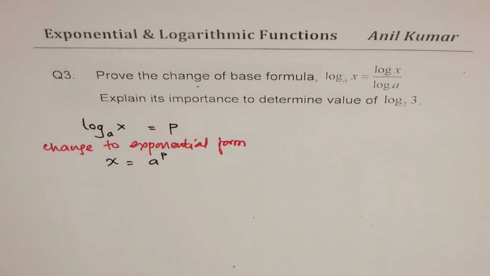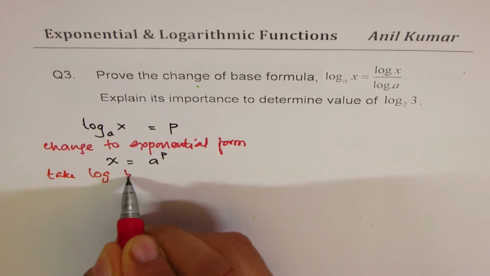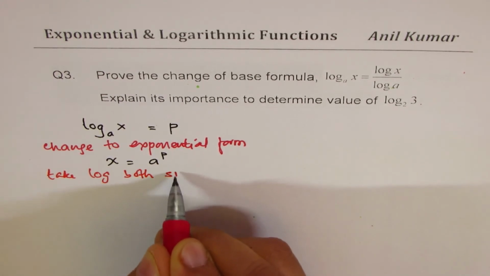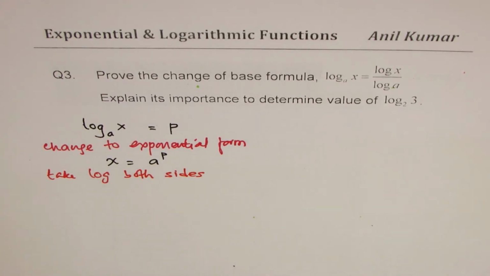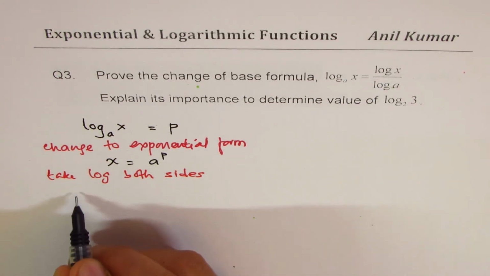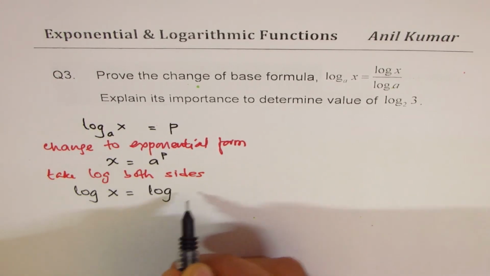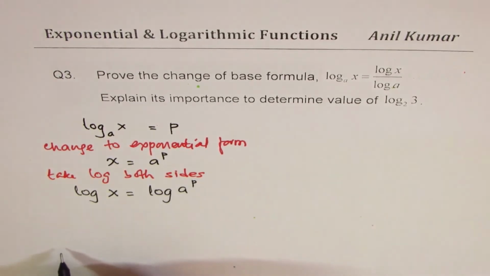So now we'll take log of both sides. I'm taking log to the base 10 since I need that, right? So we get log of x equals log of a to the power of p, correct?